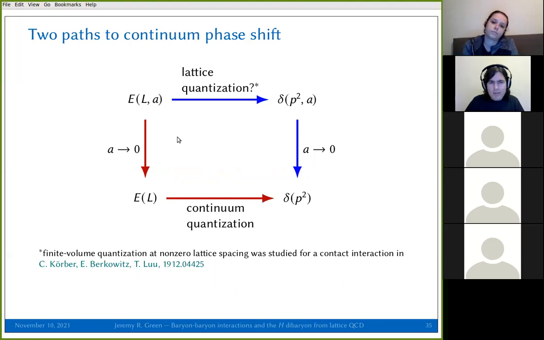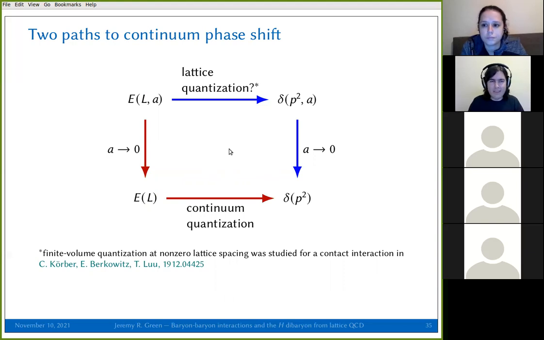The other approach is less straightforward. The idea is you would get first some kind of scattering amplitude at finite lattice spacing. Now, finite lattice spacing breaks all sorts of symmetries, including rotational symmetry. So this might not look like a continuum scattering amplitude, and then you extrapolate that. Now, one ingredient we don't have is quantization conditions at finite lattice spacing.